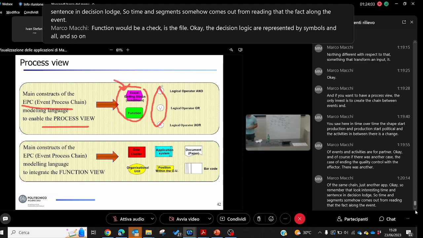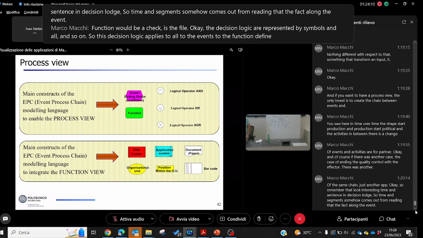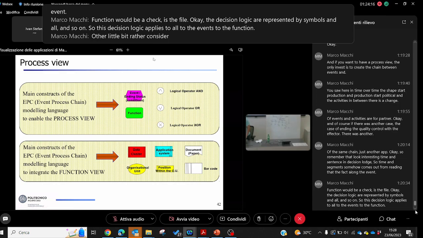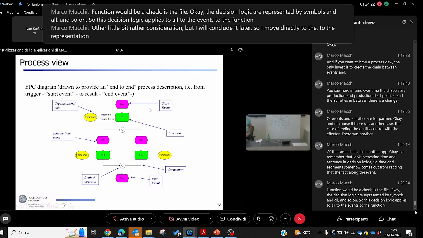So this decision logic applies to what? To the events and the functions you find in the chain. Others tell you another consideration, but I will conclude it later. So I move directly to the representation, first with the arrow scheme.